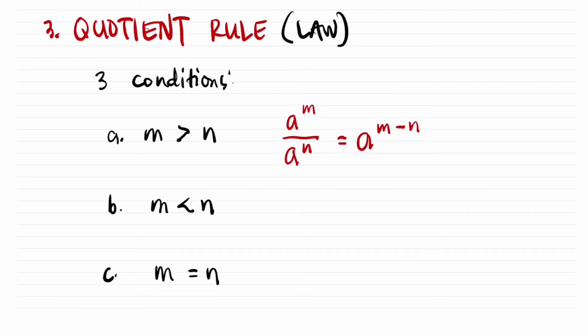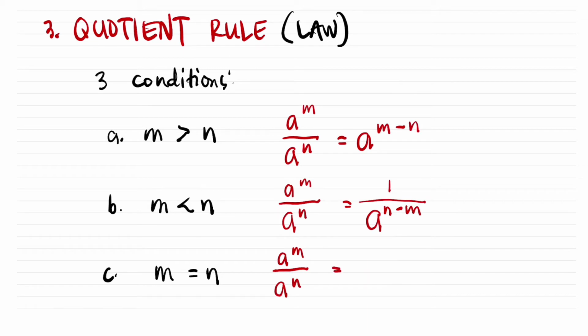Second, if you divide the same base, a to the power of m over a to the power of n, and n is greater than m, then we solve it in the denominator. So it becomes 1 over a to the power of n minus m. Now, when a to the power of m over a to the power of n has m and n equal, the answer is 1.